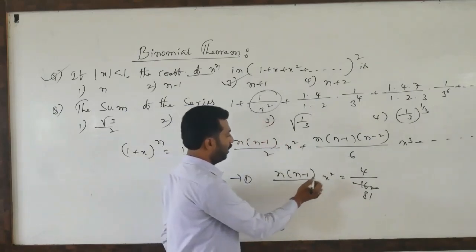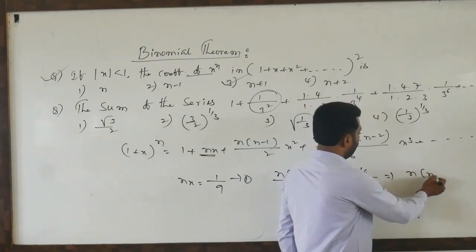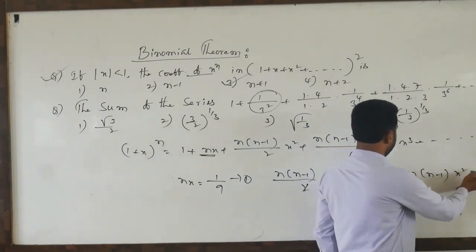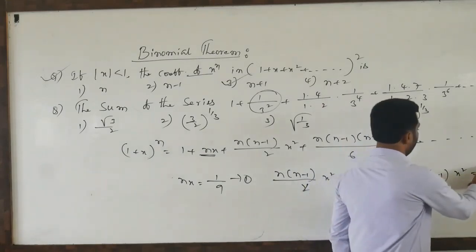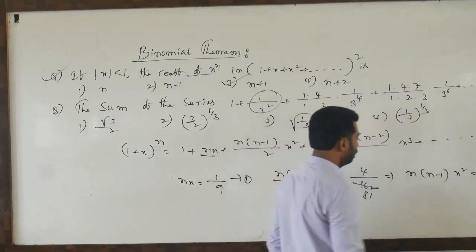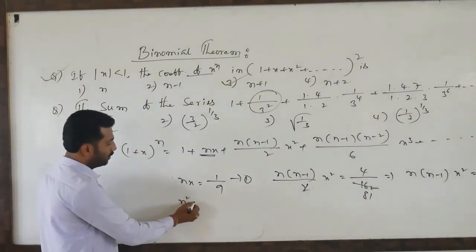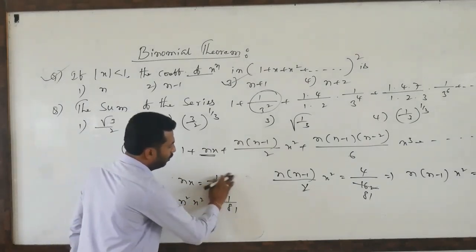So finally, n into (n minus 1) into x square equals 4 divided by 81. So there x square is there. Just squaring on both sides, n square x square equals 1 divided by 81.